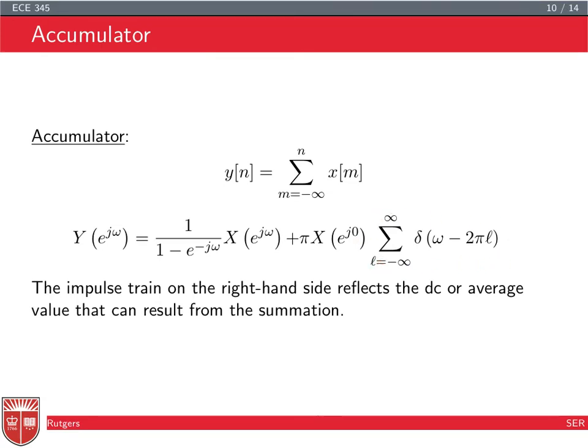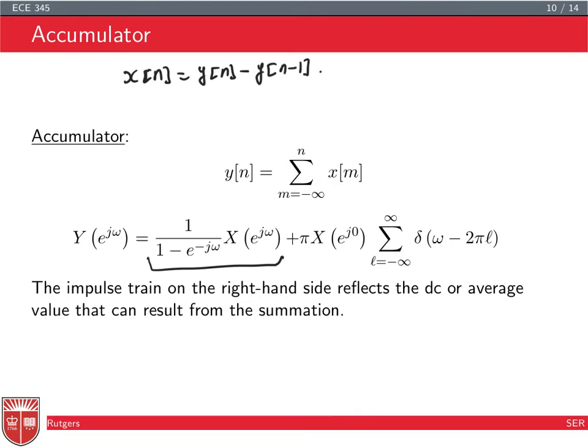Now I don't want to give a full proof of it, but I just want to do a sketch of the proof. You can find the full proof in the book. This first part is easy, because if y[n] has this formula, then I can write x[n] as y[n] minus y[n-1], right?